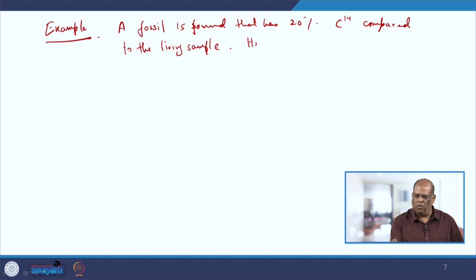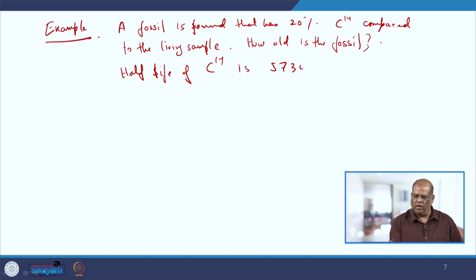So, how old is the fossil? And it is given that the half-life of carbon 14 is 5730 years.